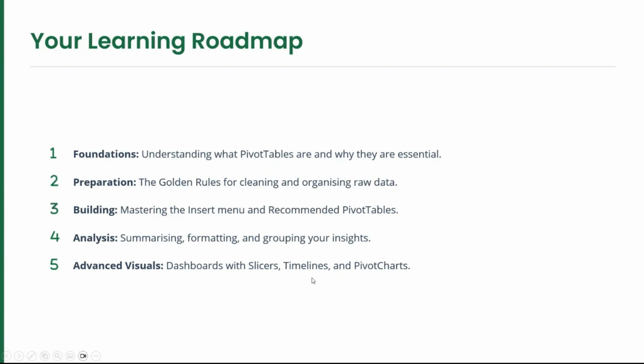Then also timelines, which is looking at, if you want to trend data, looking at data at a certain period. And from pivot tables, you can also visualize your data using pivot charts, which are linked to pivot tables. So that's what we need to look at whenever we talk about pivot tables overall.